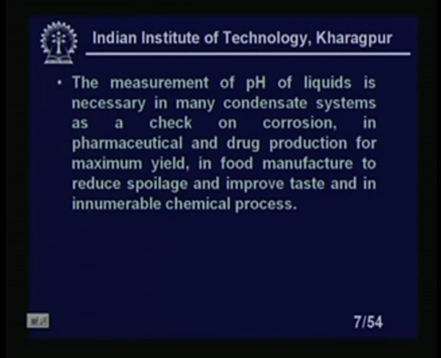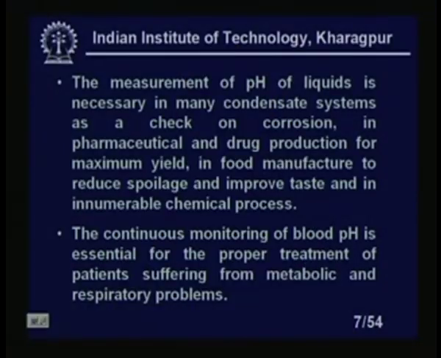In food manufacture, to reduce spoilage and improve the taste, and in innumerable chemical processes, you will find applications of measurement of pH. The continuous monitoring of blood pH is essential for the proper treatment of patients suffering from metabolic and respiratory problems, because the blood pH varies from 7.35 to 7.4, okay, that is 7.35 to 7.5.